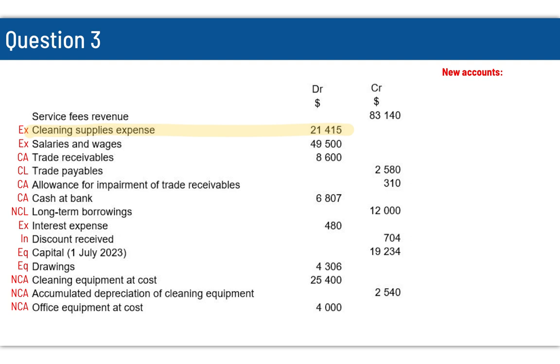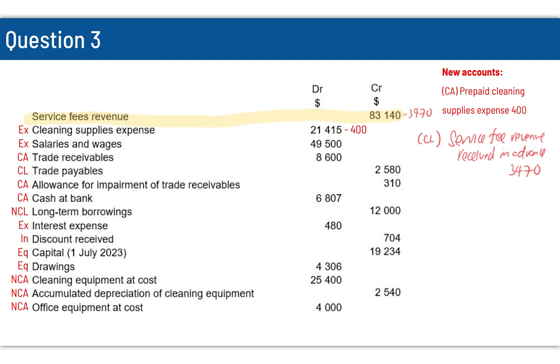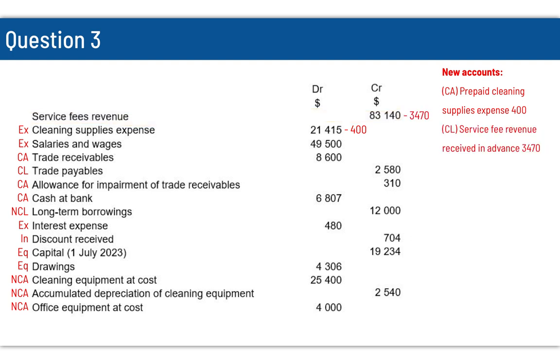So minus 400 from the cleaning supplies expense, and then create a new account called prepaid cleaning supplies expense, which is a current asset. Okay, similarly, our service fee revenue was received in advance, so we haven't earned it yet. So minus 3,470 from our service fee revenue, and then create a new account called service fee revenue received in advance, which is a current liability.